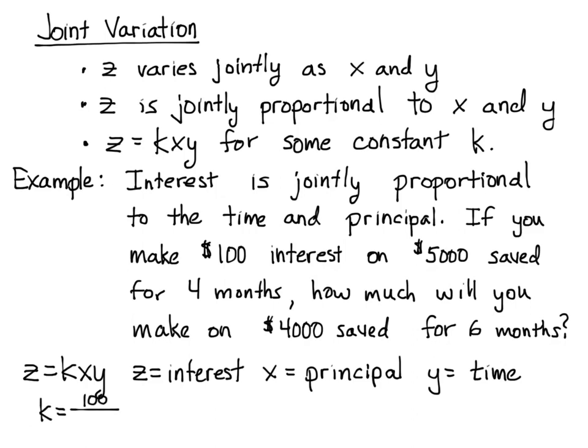And so we can solve for K. K is 100 divided by 5,000 times 4, which is 1 over 200. Now, whatever the physical meaning of 1 over 200 is, it's not important because we can just take that as our proportionality constant and take 1 over 200 times 4,000 times 6, and we get $120.